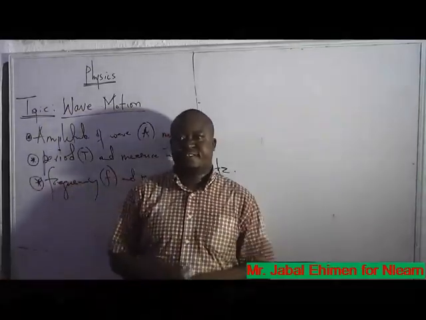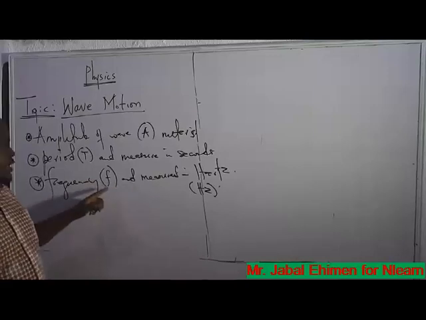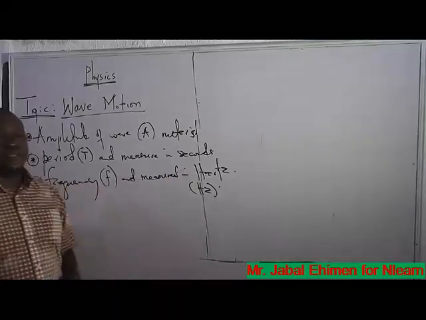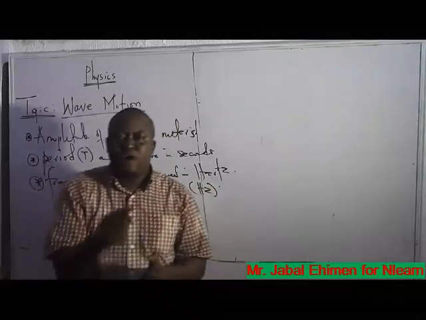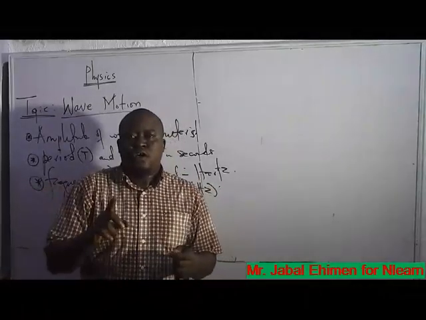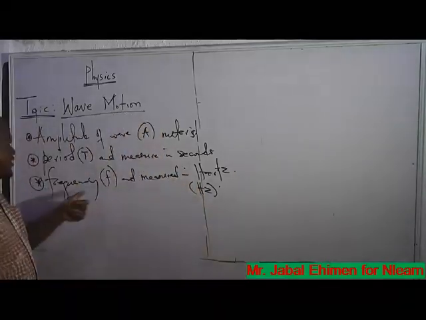Frequency is denoted F and measured in hertz. Now, you observe that the number of cycles completed in 1 second is called frequency.